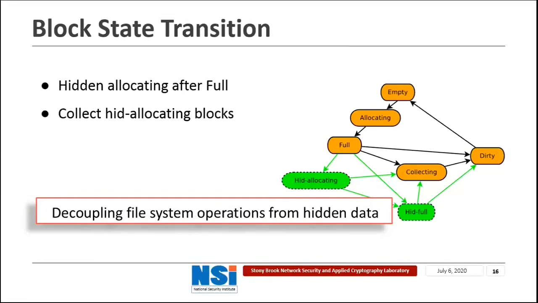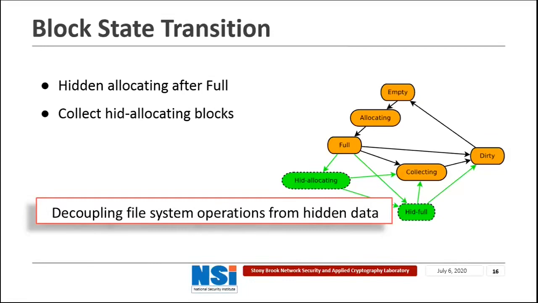And when garbage collection happens and a block is selected as a garbage collection victim block, the page state changes to the collecting state. After garbage collection, the pages can go to the dirty state, and it can be erased so that the page goes back to the empty state.